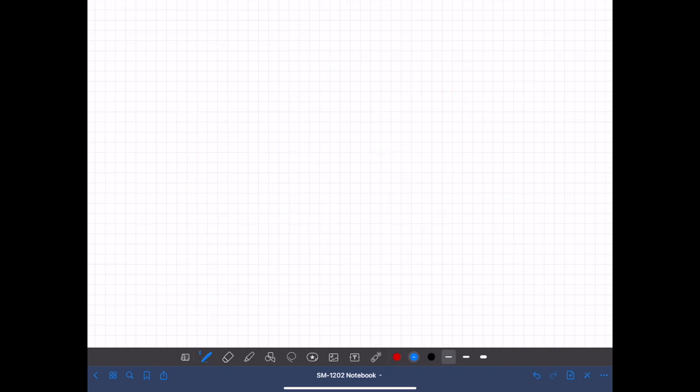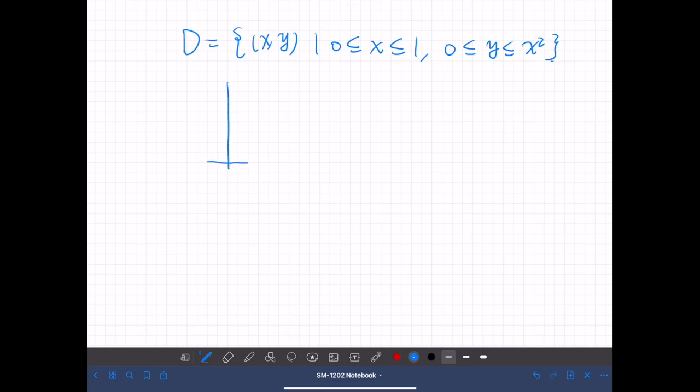Okay, next example. Consider this region: (x, y) where x is between 0 and 1 and y is between 0 and x squared. So consider integrating any continuous function on this region. So this region is this.